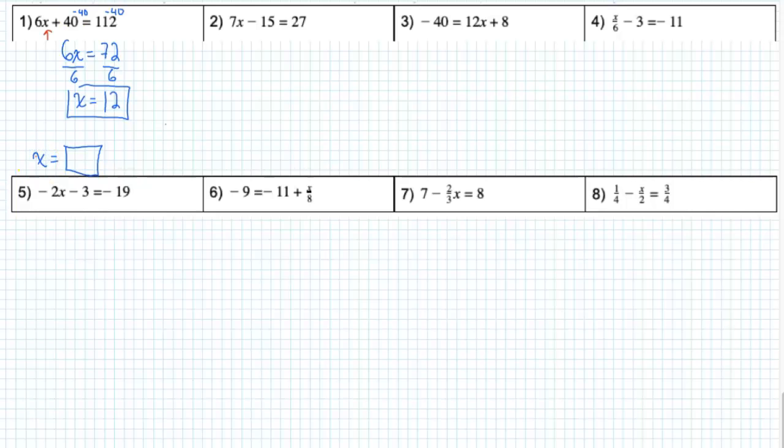I'm just going to erase this here. Don't need that there, but that's always our goal. We're going towards isolating x. That's also called isolating. I want to get x by itself. Now I've got multiplication and subtraction.